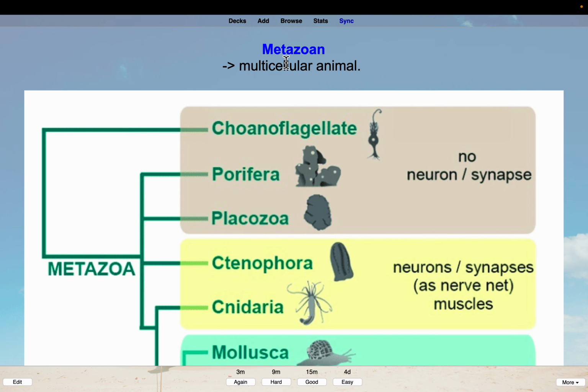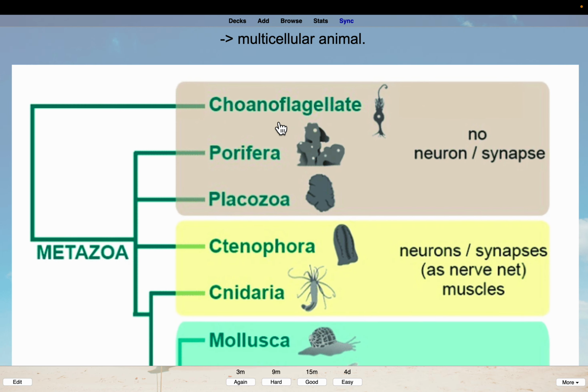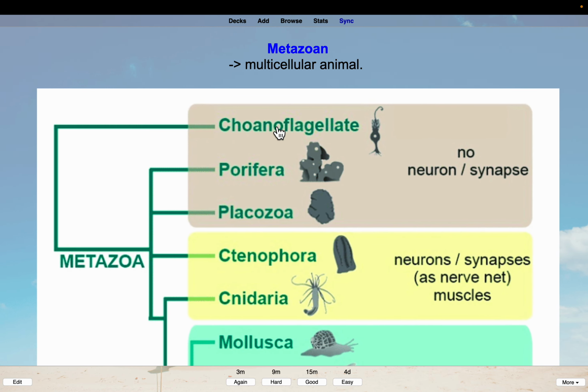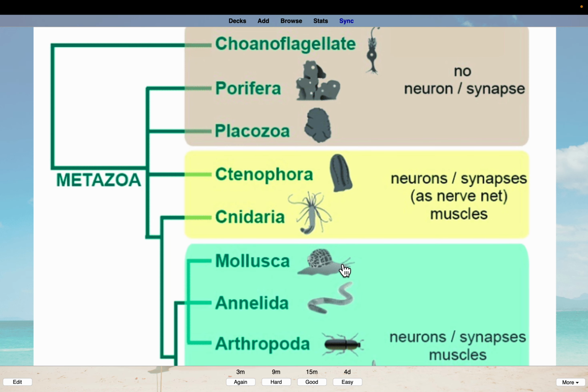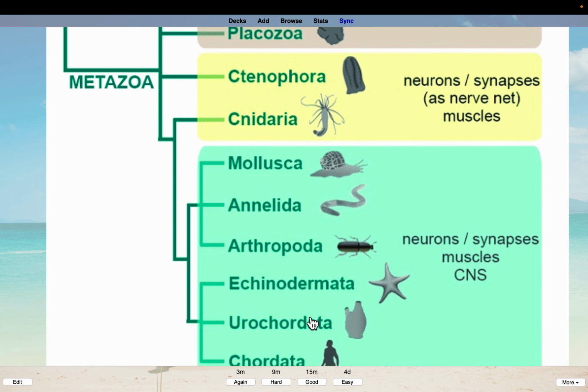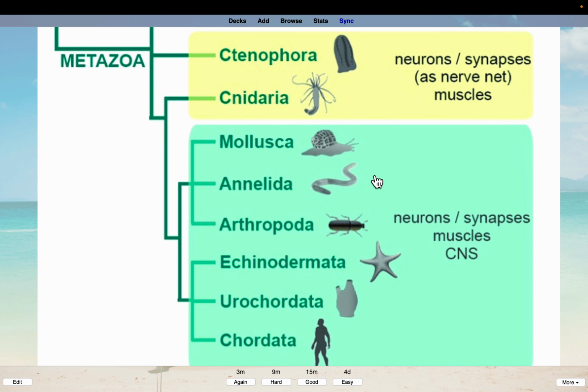Multicellular animal, metazoan. So this is an entire list. Cnidarians, mollusks, we have snails, annelids, roundworms, arthropods, cockroaches, beetles, echinoderms, starfishes, Urochordata. I'm not sure what this is. Chordata, humans.